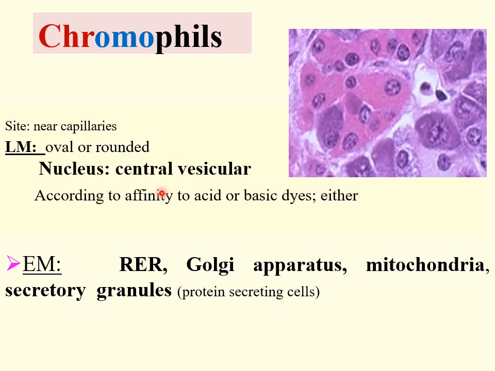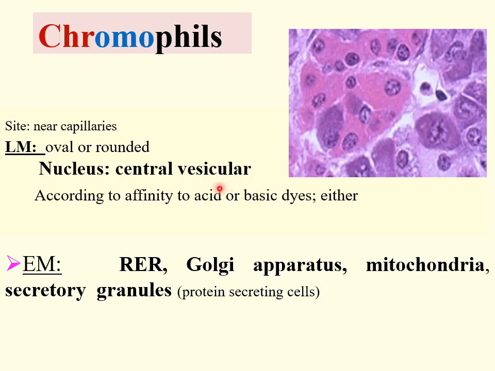This is a light microscopic picture of the chromophils. By light microscope, these cells, whether basophil or acidophil, are oval or rounded cells.